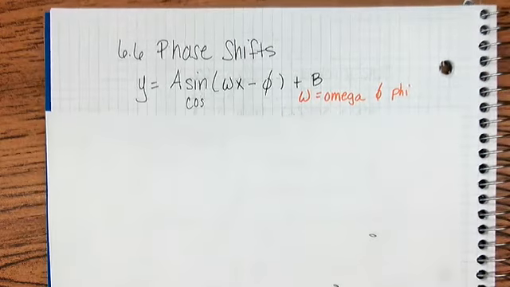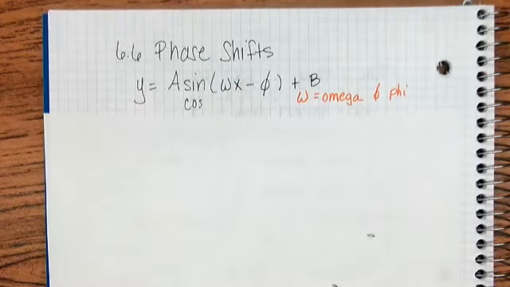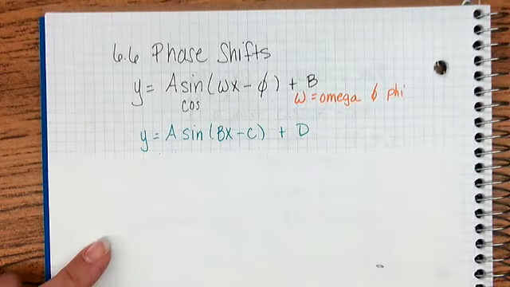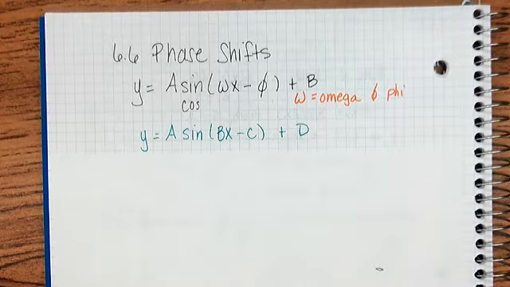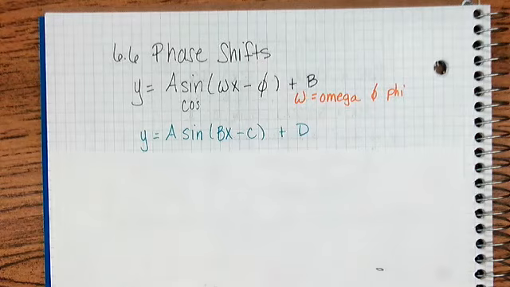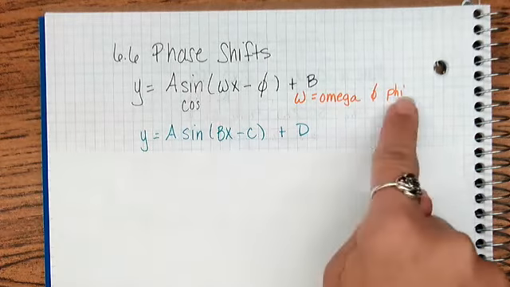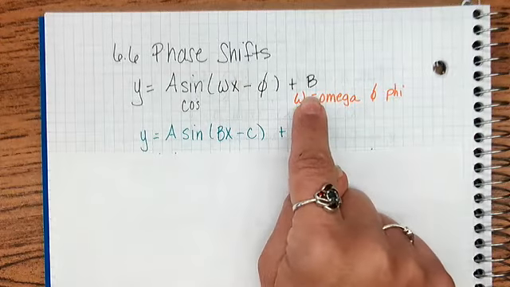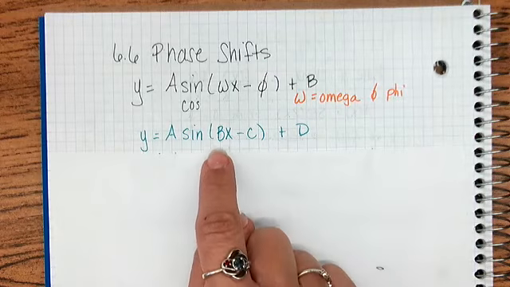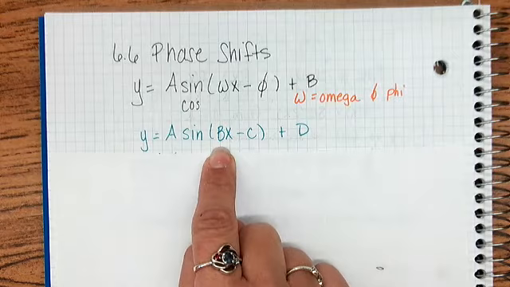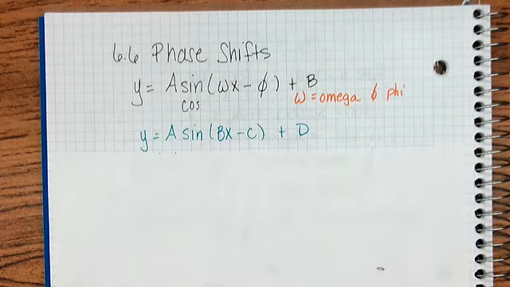Your book uses these variables, and I will be consistent and use the same variables. However, you are much more likely to see it written as a sine quantity bx minus c plus d. These are equivalent. What you have to be careful of is that in the Greek equation, b represents the vertical shift, and in the non-Greek equation, I guess I'll call it, b represents the coefficient on x.